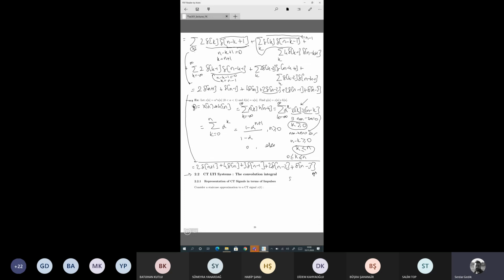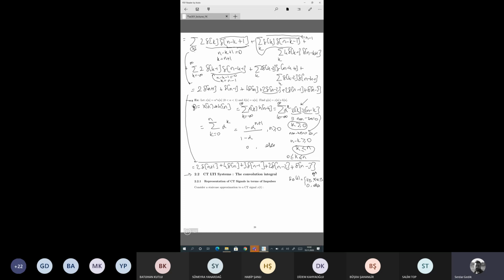First, note that I will define this impulse delta signal, which is equal to 1 over delta for t in the interval 0 to delta, and it is 0 else. Remember, this was our case when we were defining the continuous time impulse signal.